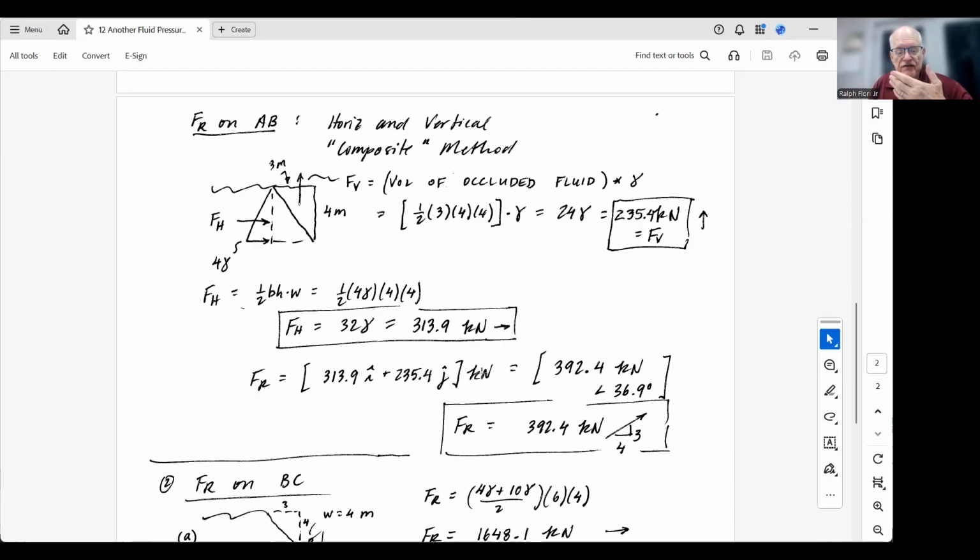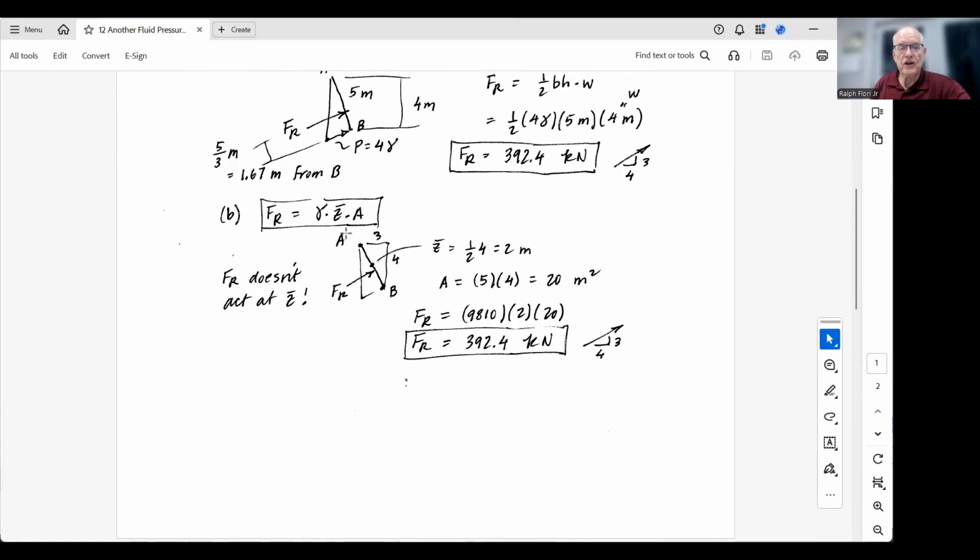And you put this as a vector in polar form, you get 392.4 kilonewtons at a 3, 4, 5 slope, which is basically what we got from the other methods. All 3 methods work. All 3 methods are valid. You should know all 3 methods. In the test, use whatever's easiest for you. Use what you can see. Use what you understand.